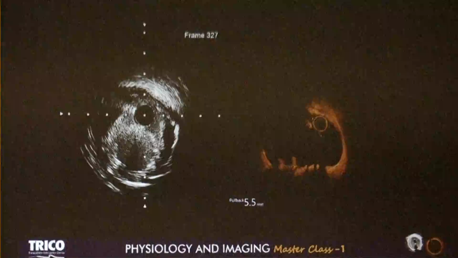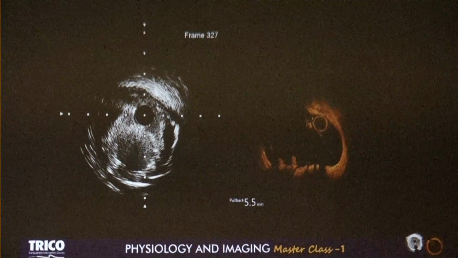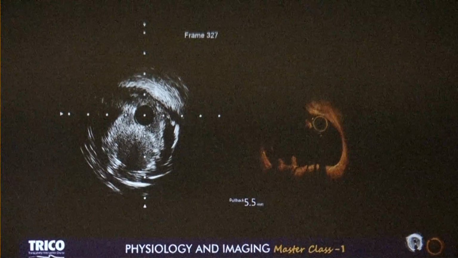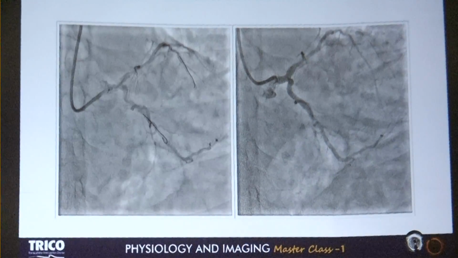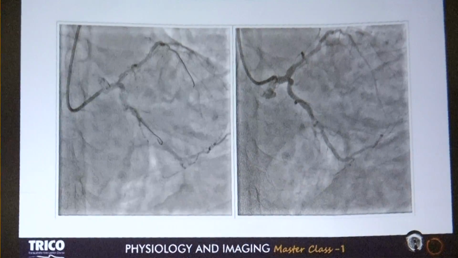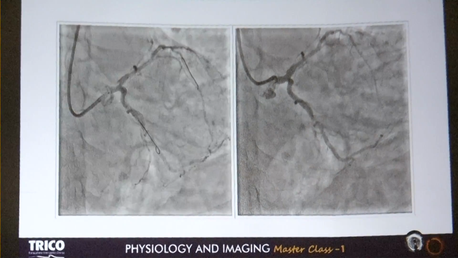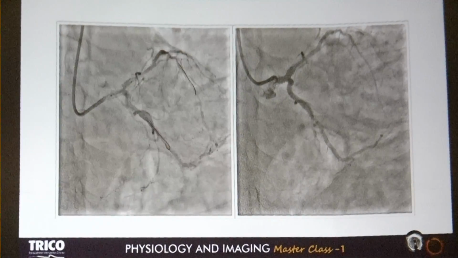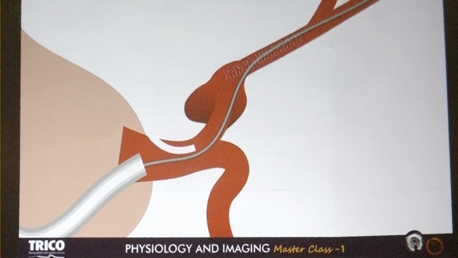So these are two images side by side. You can see this is the catheter, this is the catheter, and there is a cavity there. There is a cavity and stent there. And then we were able to enter the true lumen. After imaging with both modalities, we confirmed and endorsed our viewpoint, and we fixed it. And this is what it was.